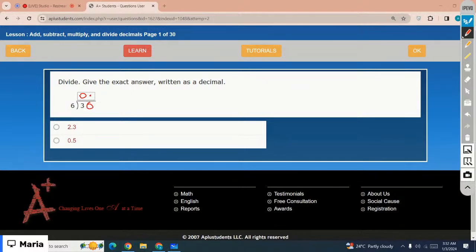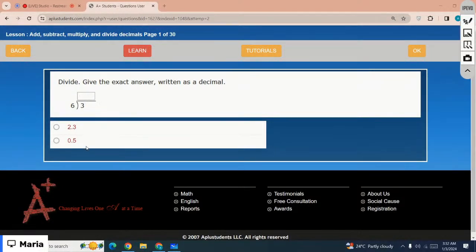So 6 times what number is 30? That is 0.5, right? The second one is, you cannot divide the smaller number by the greater one.